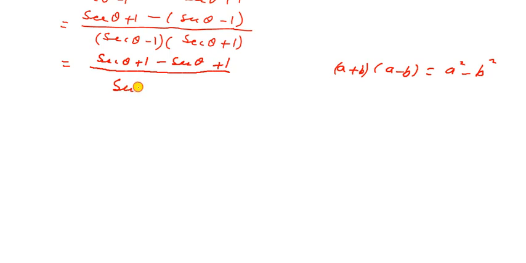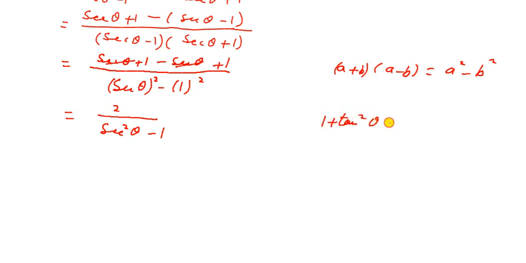Now convert this: sec theta whole square minus 1 whole square. So sec theta and sec theta will be cancelled out. So we get 1 plus 1, that is 2, and here is sec square theta minus 1. As you know, 1 plus tan square theta is sec square theta. So you can put the value.